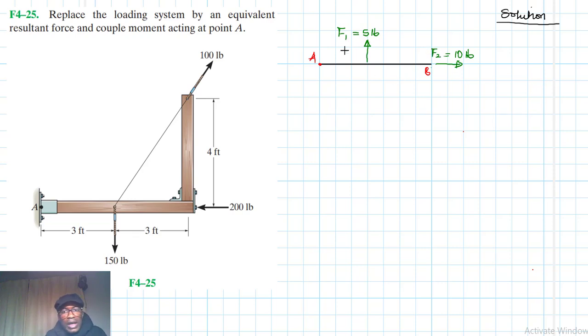If we were to write force 1 as an equivalent force and couple moment at point A, then we write 5 pounds here, and we write another force like this, 5 pounds.